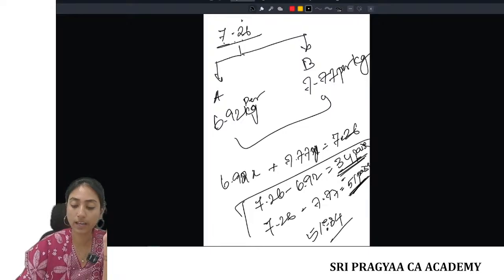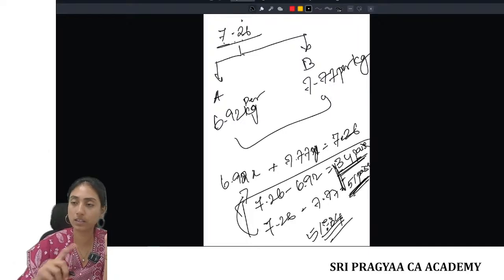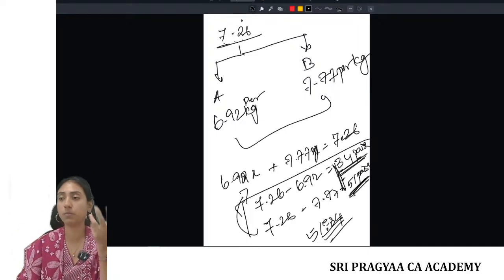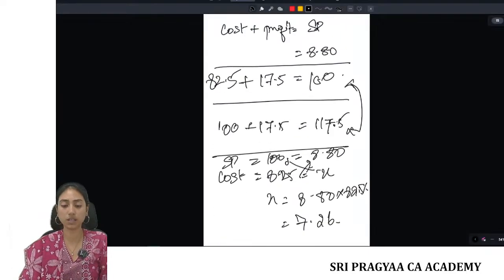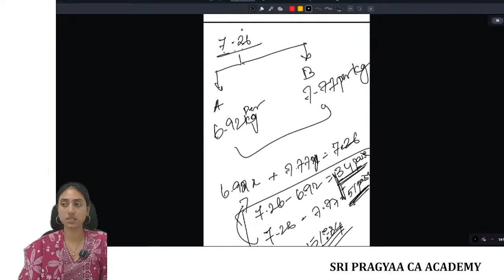Okay, here I have a loss of, correct. So if I do in this particular proportion of 51 and 34, okay, is when I will arrive at an even profit of 17.5%, which is nothing but which is the profit percentage.